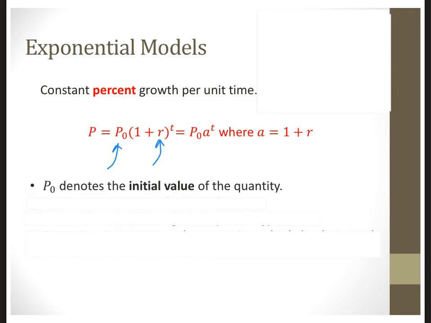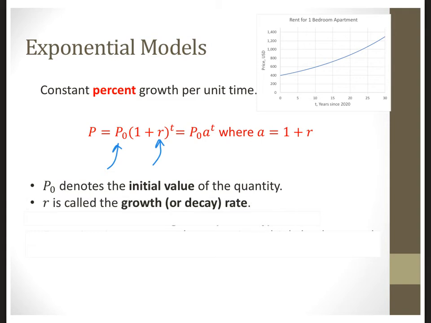To summarize what that P0 denotes, that is telling us what the initial value is. Recall on the graph, that corresponded to the fact that the graph crosses the vertical axis at 400. So P0 in general is going to be our initial value.